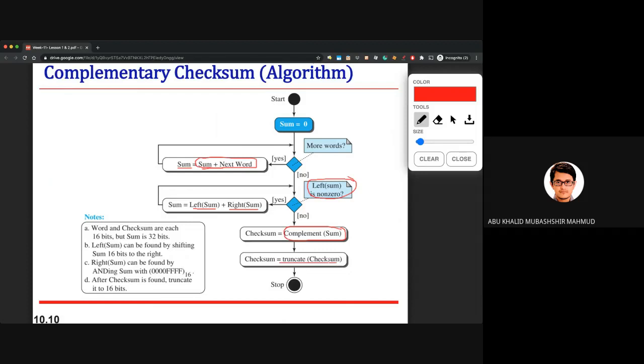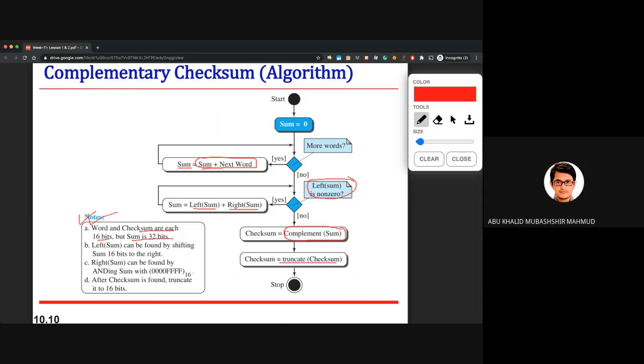So take a look at this note. Words and checksum are each 16 bits, but sum is 32 bits, because when adding the highest 16-bit numbers, it might need a representation of 32 bits. Left sum can be found by shifting the sum 16 bits to the right.